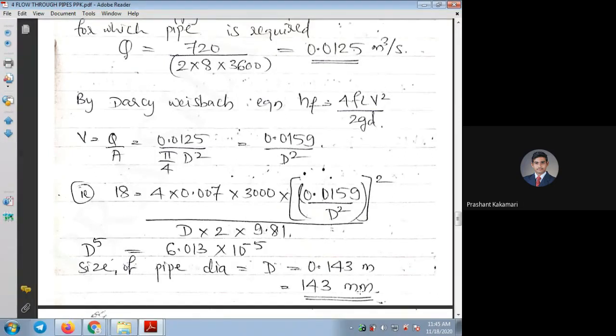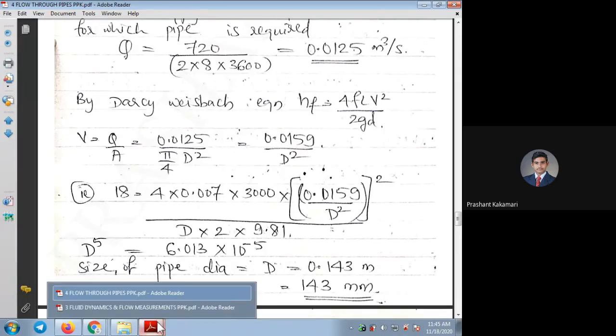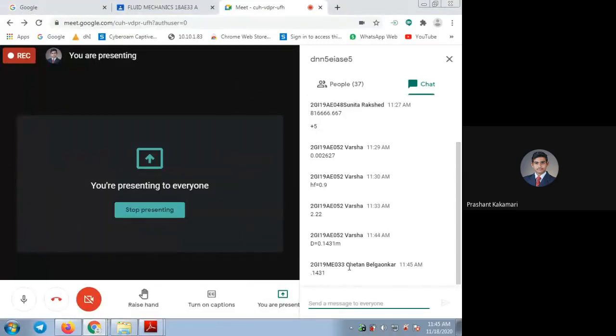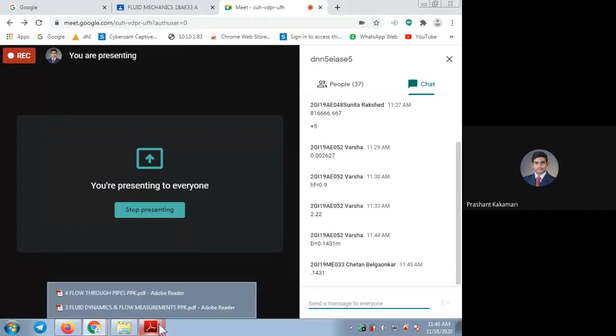So finally we got the diameter 143 mm or 0.143 meters, or in more detail, around 0.1431 meters. I hope all of you understood the importance of this Darcy-Weisbach equation when you consider the real losses or the actual losses in the pipe.